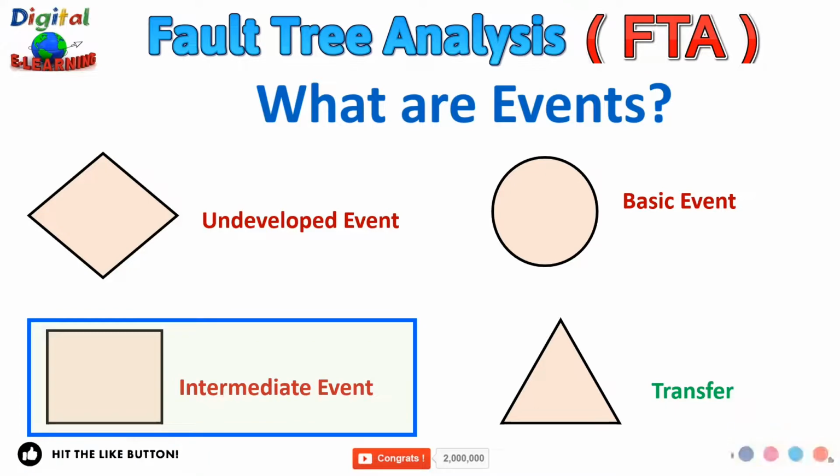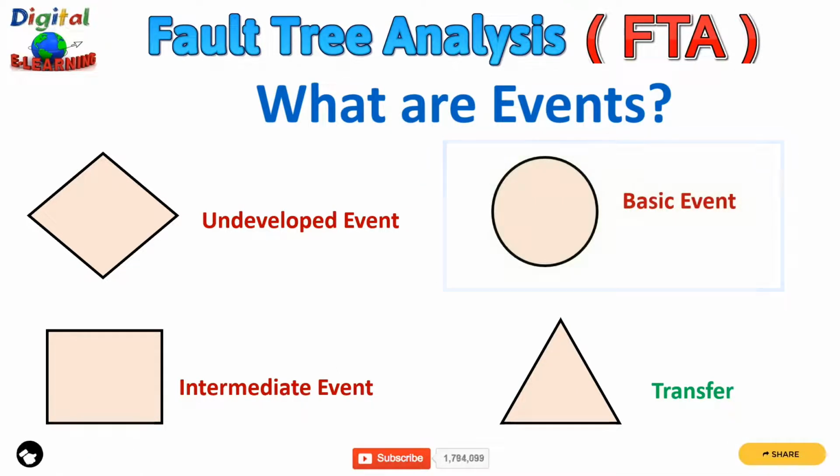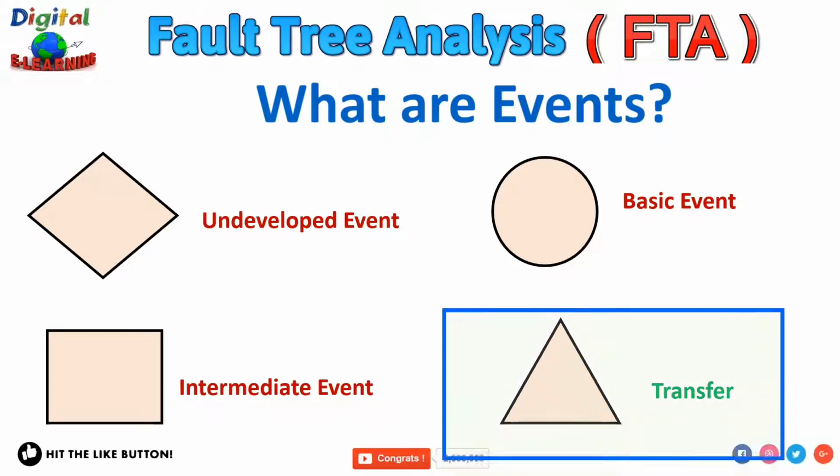These are the events which occur between the top event and the basic events. Basic events are the lowermost events that cannot be further developed. And then we have the transfers. Transfer gates are usually used to signify the continuation of a tree on a separate sheet. It's just for ease of representation.